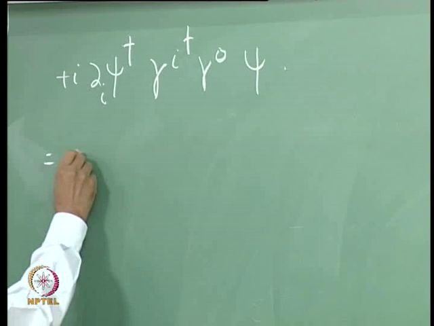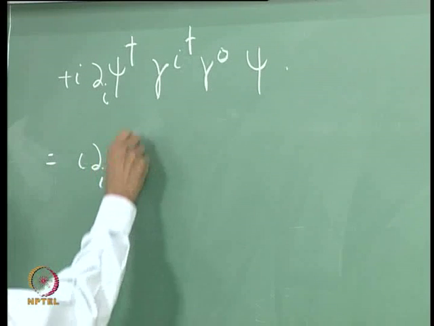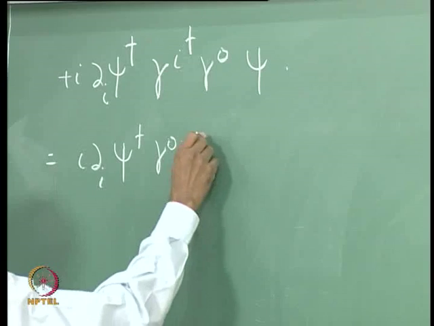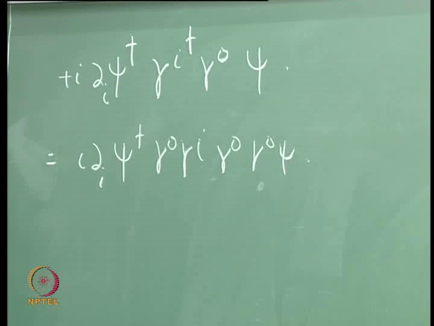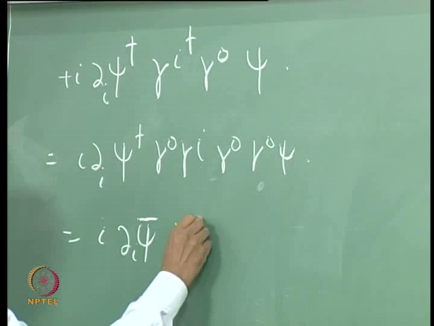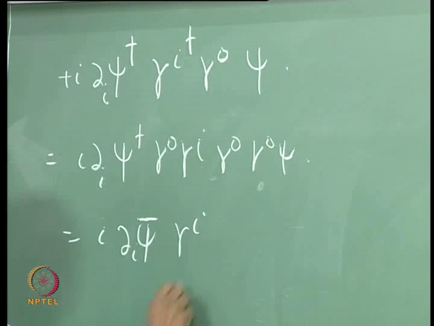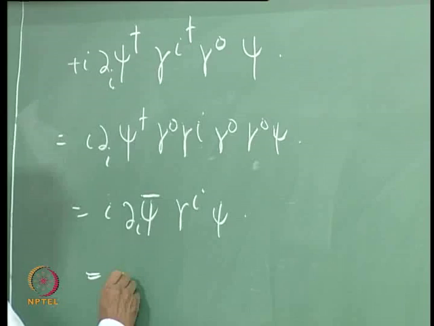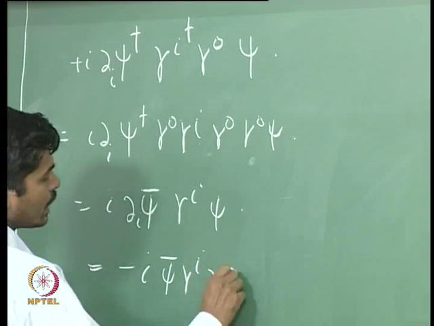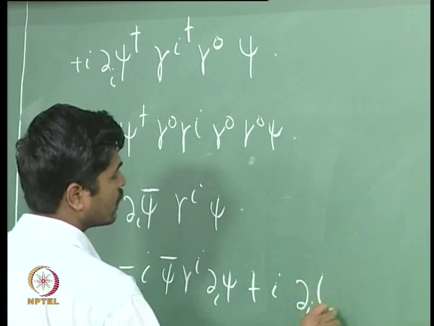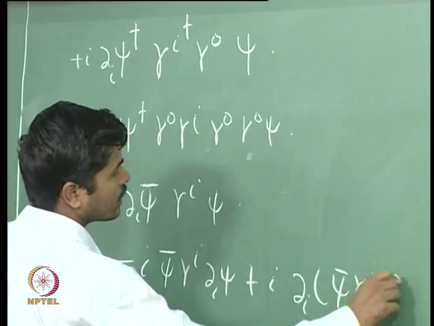Gamma i dagger is i del i psi dagger gamma 0 gamma i gamma 0 and gamma 0 psi. Gamma 0 squared is 1. So, this is simply i del i psi bar gamma i psi, and then this will be, up to a total derivative, just minus i psi bar gamma i del i psi plus i del i psi bar gamma i psi.